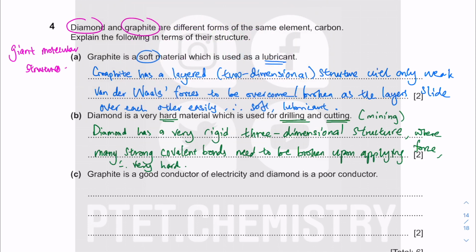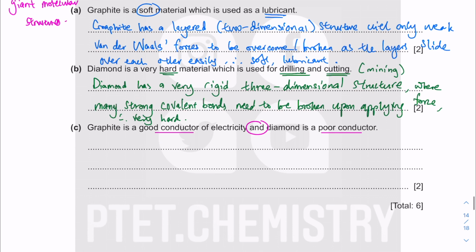Now the last bit is another classic case study, the good conductor, graphite being used as electrodes in batteries, and diamond, we don't use diamond to conduct electricity because it doesn't conduct electricity at all. In the structure of graphite, each carbon atom, as I showed earlier in one of the MCQ questions, you must be able to sketch the structure as well.